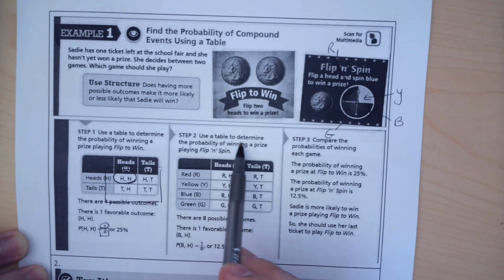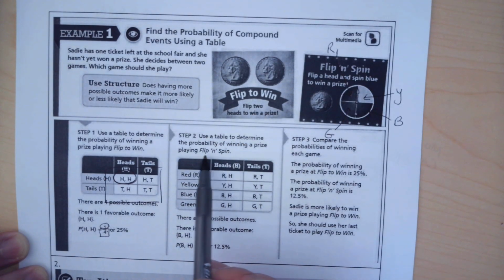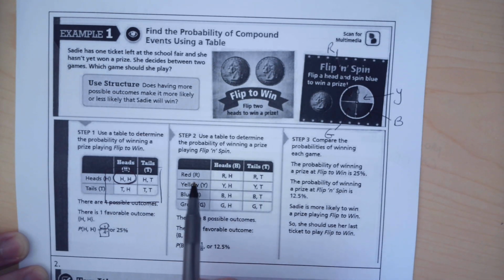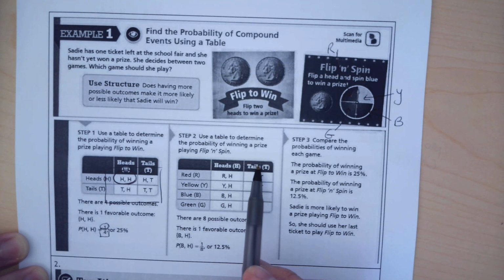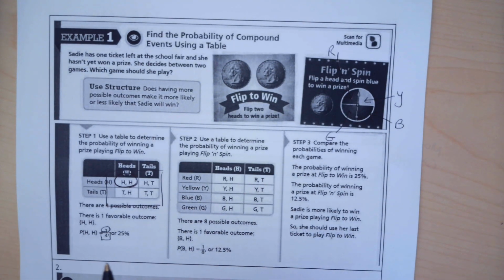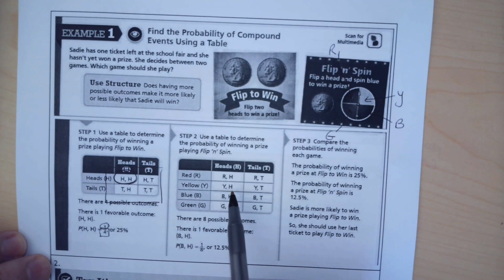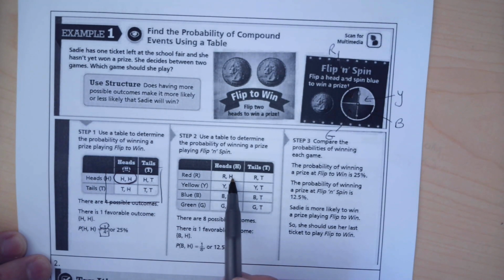We can use a table to show the probability of winning flip and spin. So here are the 4 colors. Here's flipping the coin. So this is flipping a coin and getting heads and landing on red.